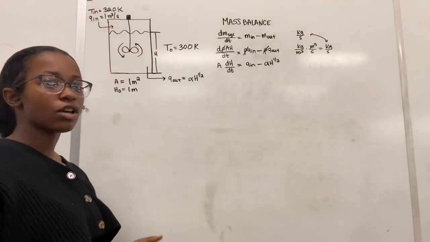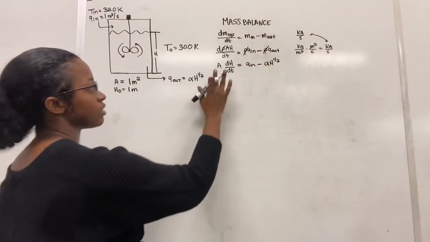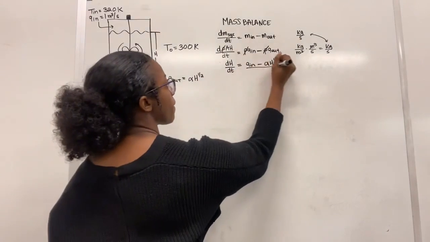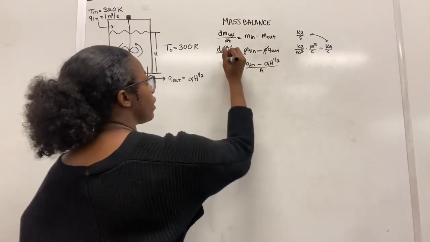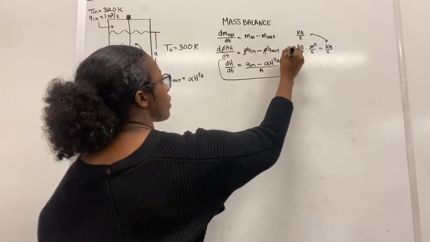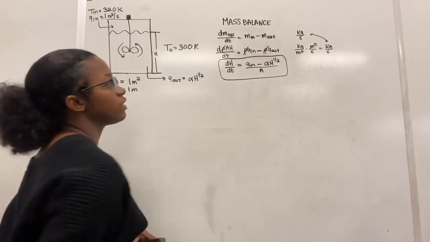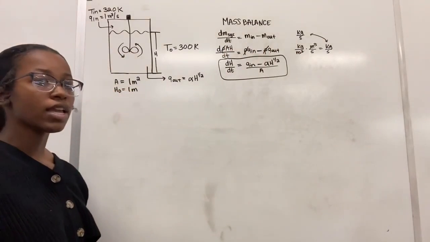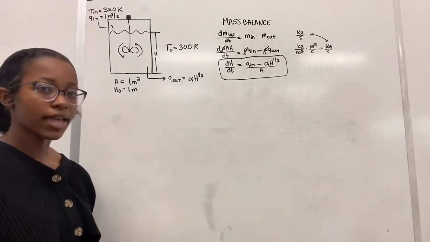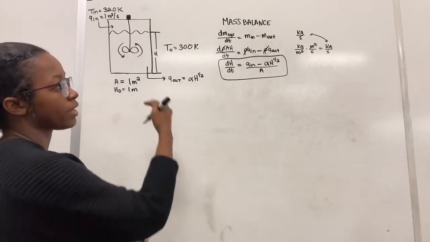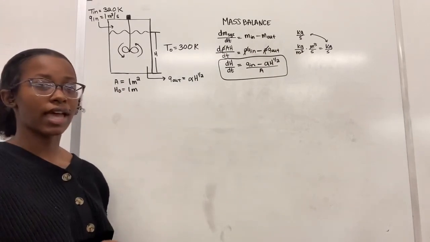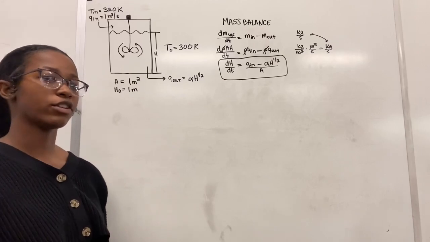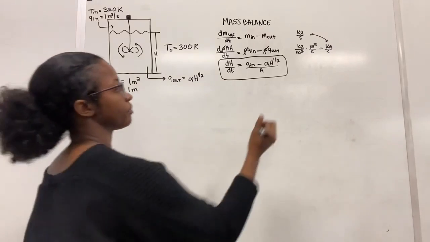And as I mentioned, all we have to do now is divide both sides by the area. So that we have the equation for the change in height with respect to time, and it's equal to the flow rate coming in minus alpha times the height to the 1/2 power, divided by the cross-sectional area.